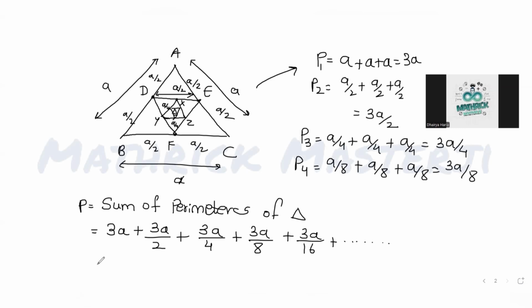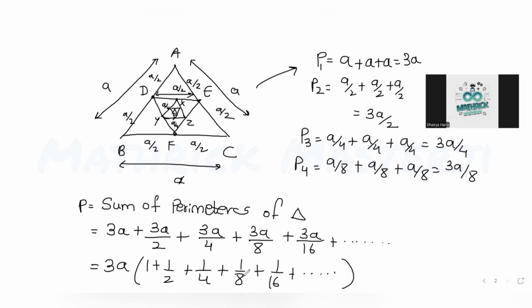If I take the common factor, I have 3A common, so I'm left with 1 plus half plus 1/4 plus 1 over 8 plus 1 over 16 and so on. If I want to find the sum of these terms going to infinity, the sequence is basically a geometric progression.